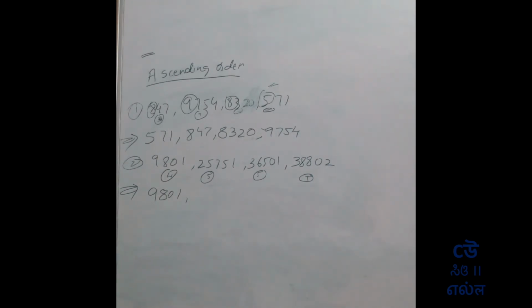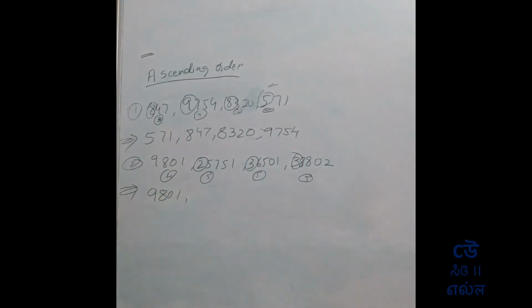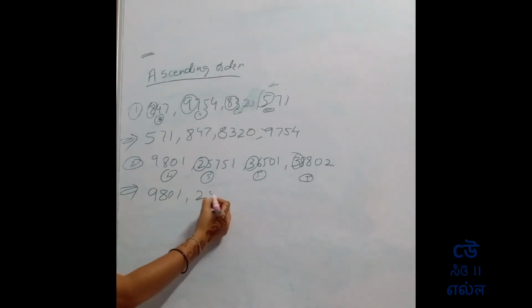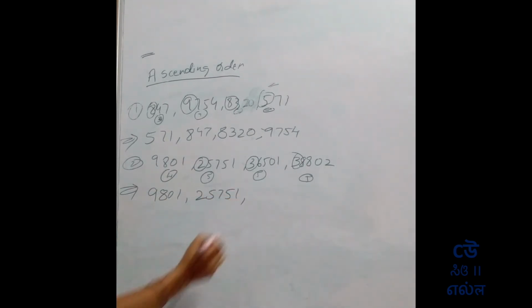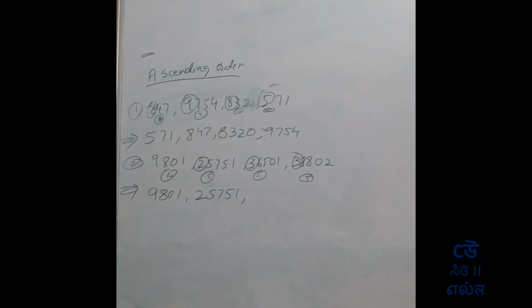So in these 3, which is the smallest? We have equal number of digits in all the 3 numbers. So what will you do? You will have to see the starting number, that is 2, 3 and 3. So which is the smallest among 2, 3, 3? Smallest is 2. So that number you will write next. So next, these 2 are remaining. In these 2, which is the smallest number?